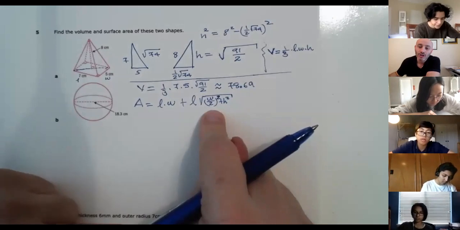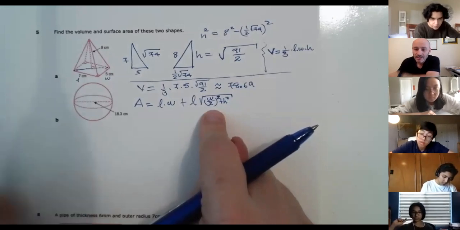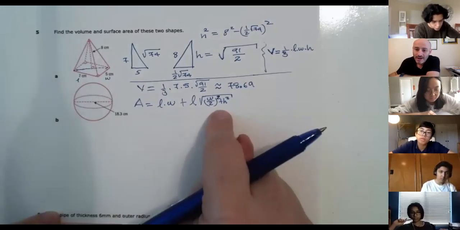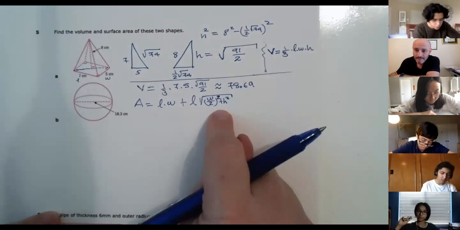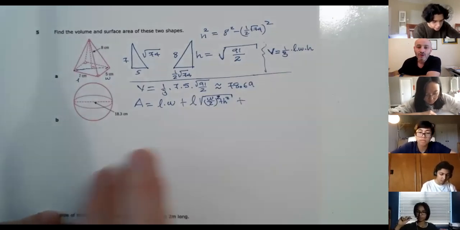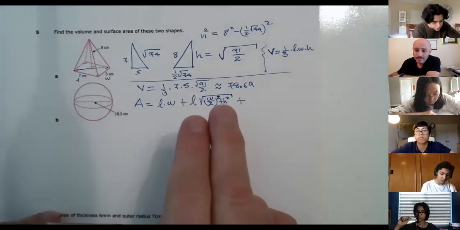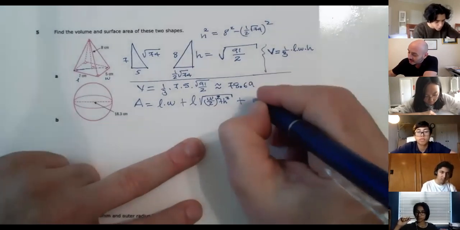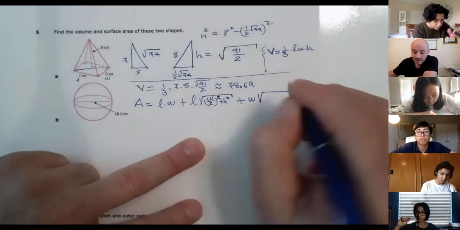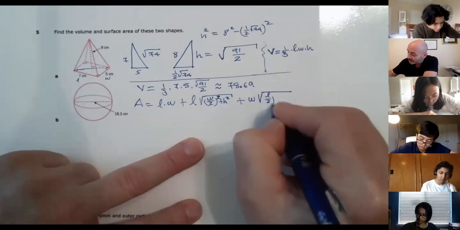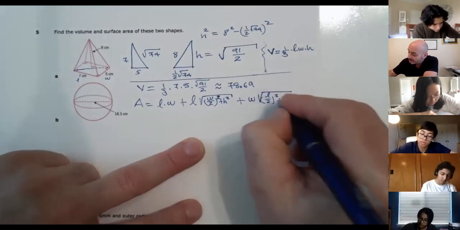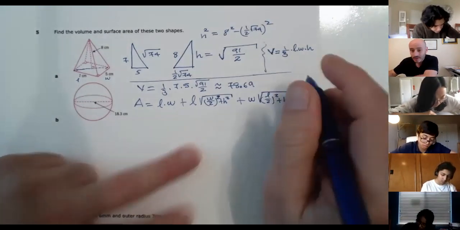Each one is a triangle, 1/2 the base times the height. That's what I'm doing. Since there are 2 of those, that's why there is no 1/2 anymore. Do you understand that? So the other, there are two of those also. So it's going to be the width times the square root of the length divided by 2 squared plus h squared.